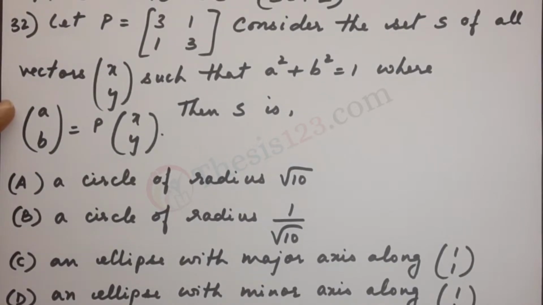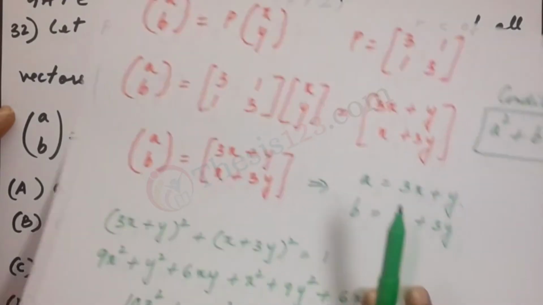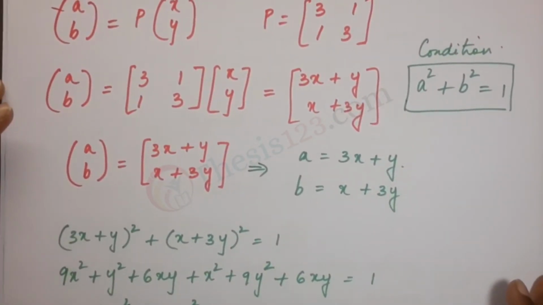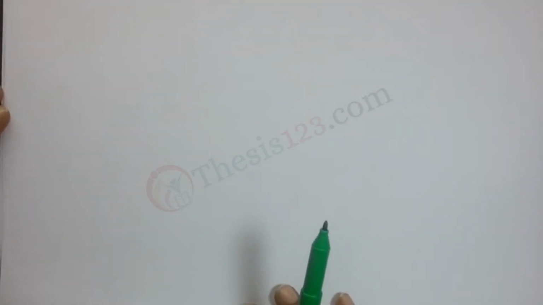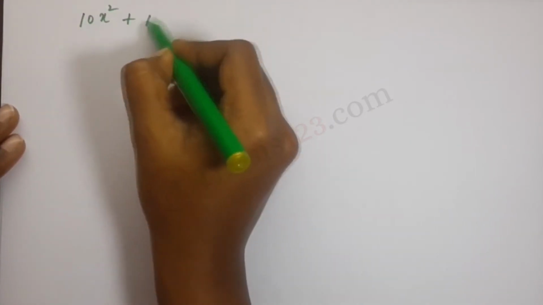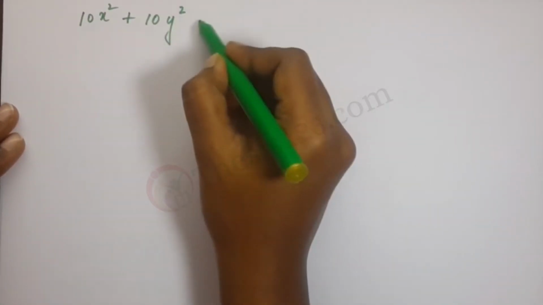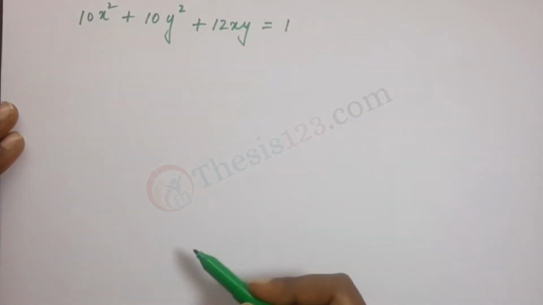So let's simplify that equation further and see how we can write it in terms of the standard form of an ellipse. The equation is 10x square plus 10y square plus 12xy is equal to 1.